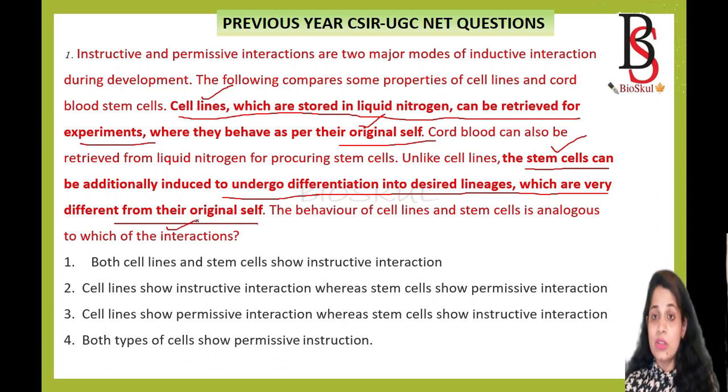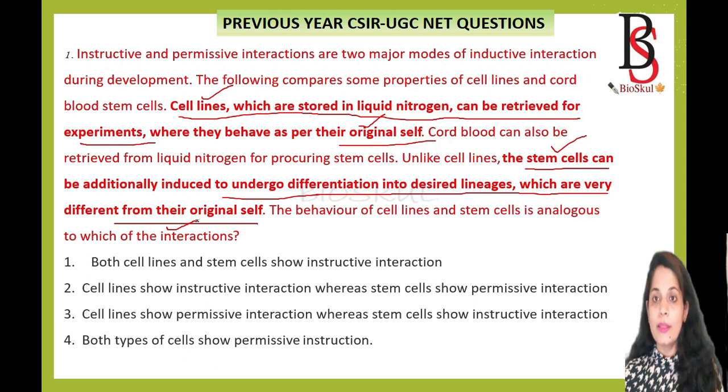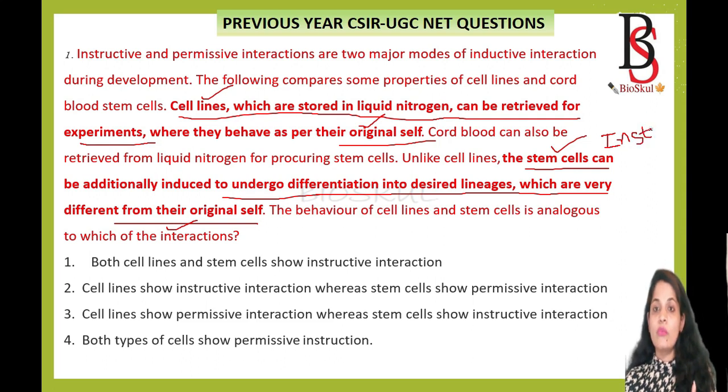So what is the instructive interaction or instructive induction? In the instructive interaction, a signal induces a group of cells to express a new set of genes. So the stem cell shows the instructive interaction, whereas the cell lines produce what they have.